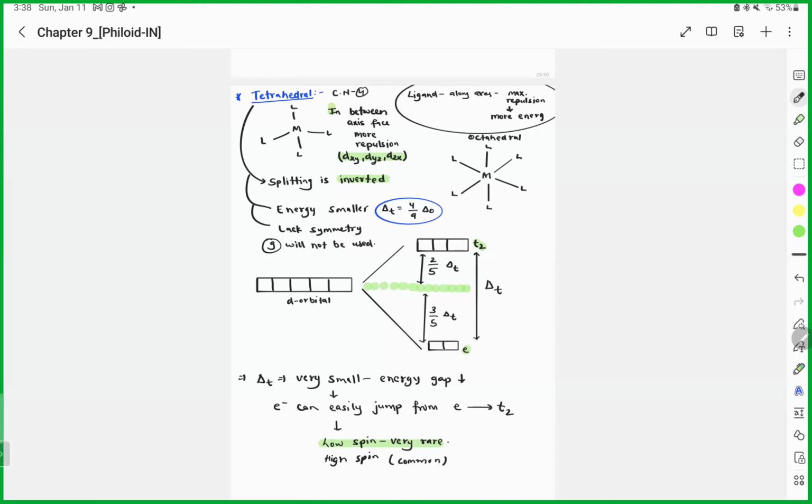The main part of this chapter is done. Now we'll do only the application part. Just take 5 minutes, observe this, and ask your doubts.